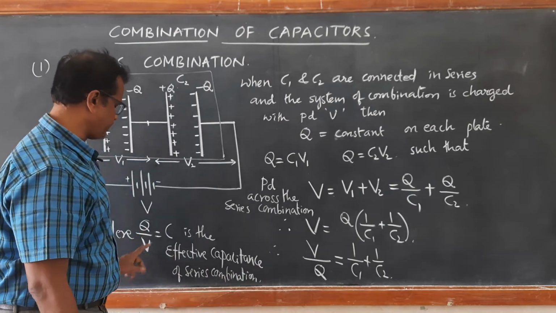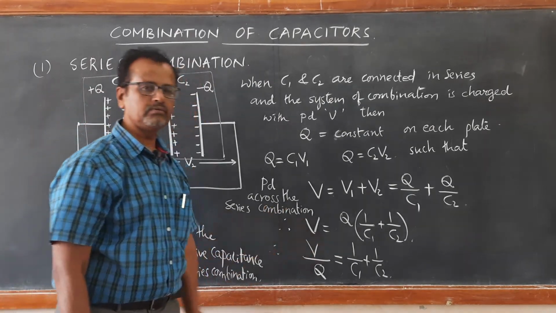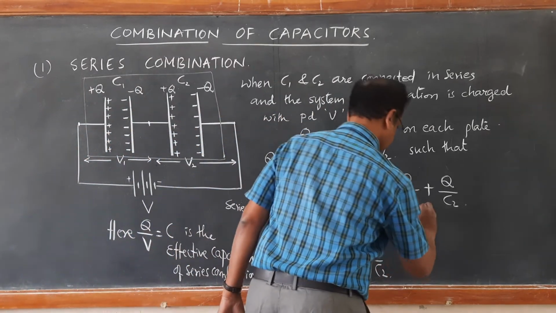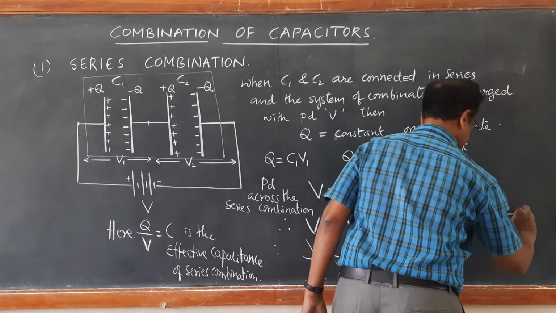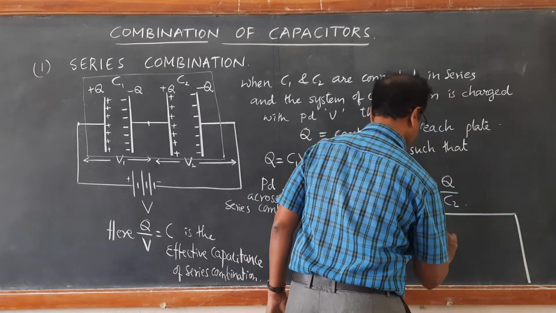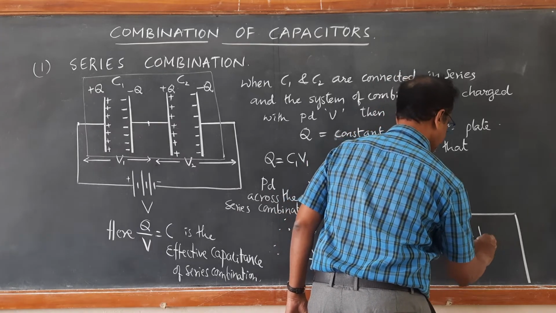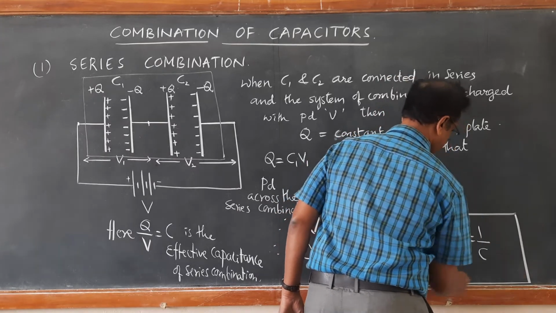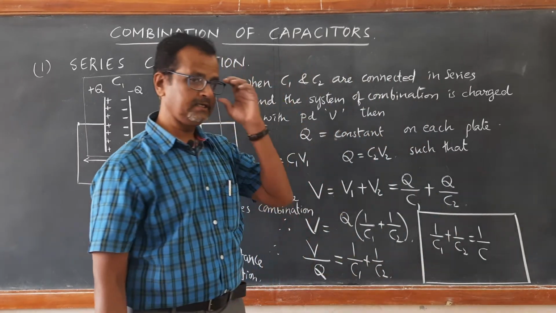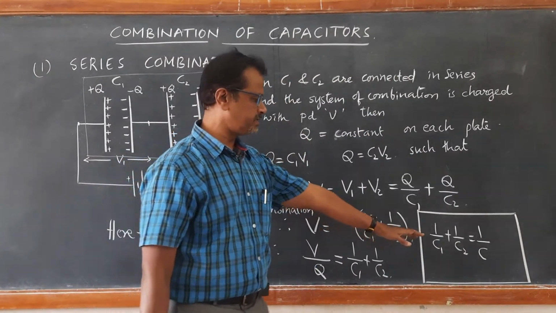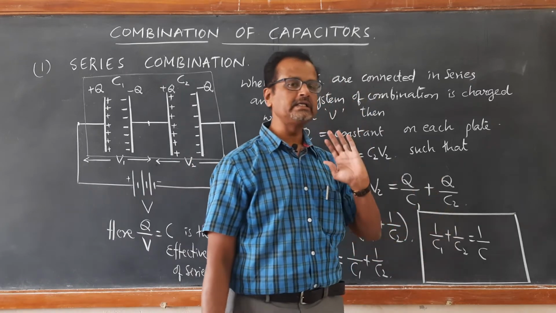So, if Q by V is equal to C, then V by Q is equal to 1 by C. Thus, we get 1 by C1 plus 1 by C2 is equal to 1 by C. So, this is the very important relation connecting the capacitance of the capacitors connected in series.